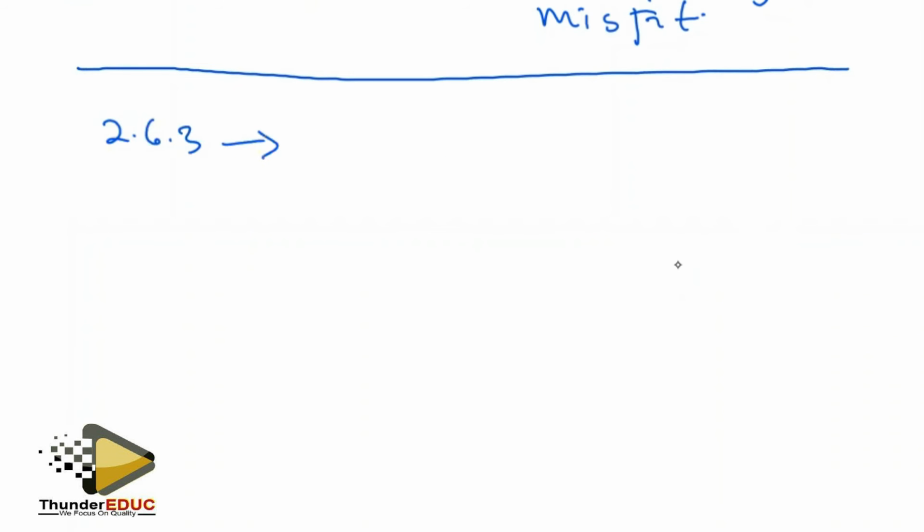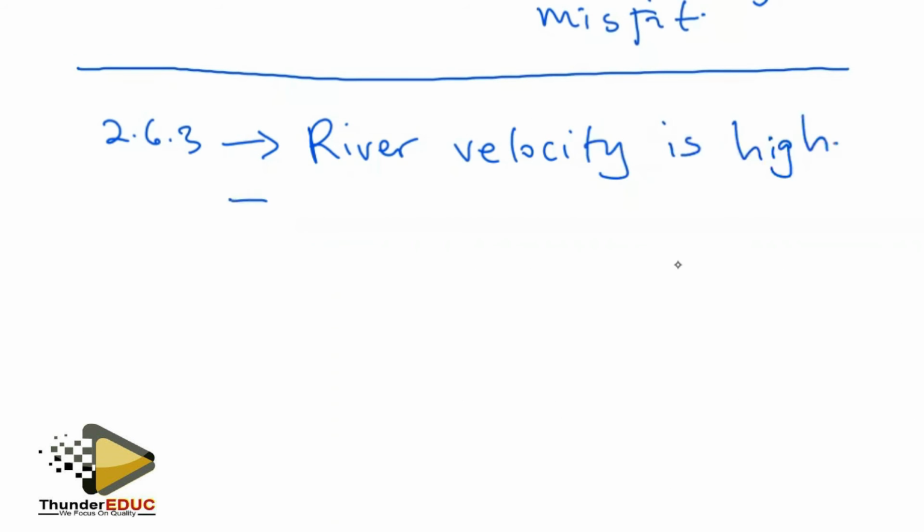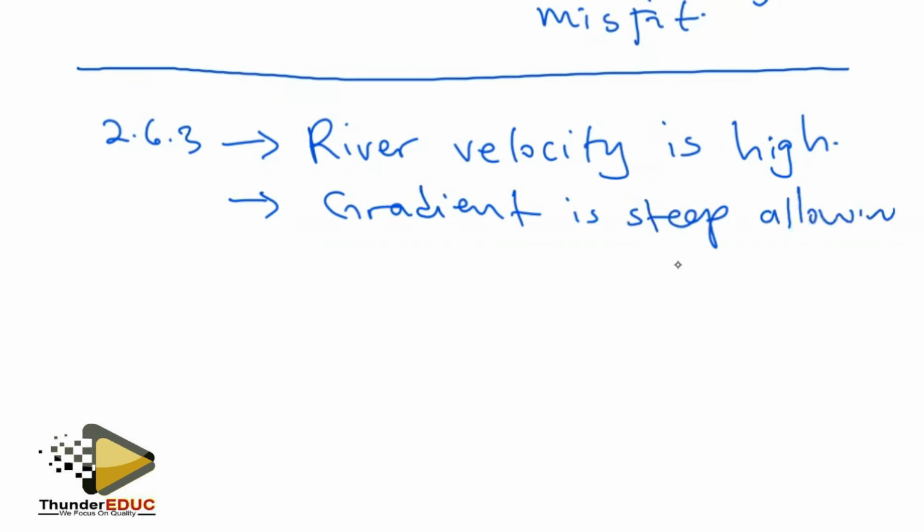We said river velocity is high. The gradient is steep. Allowing more erosion.